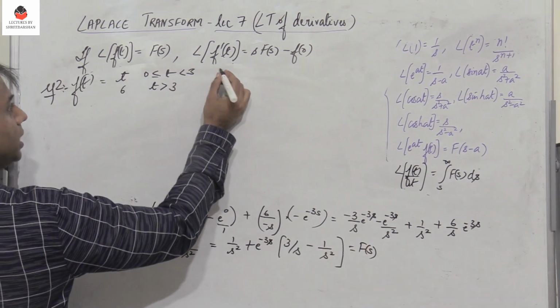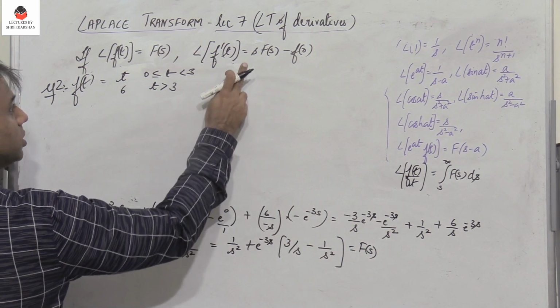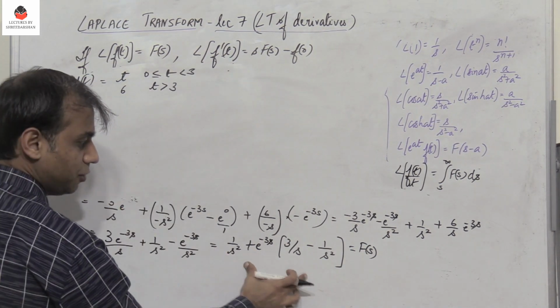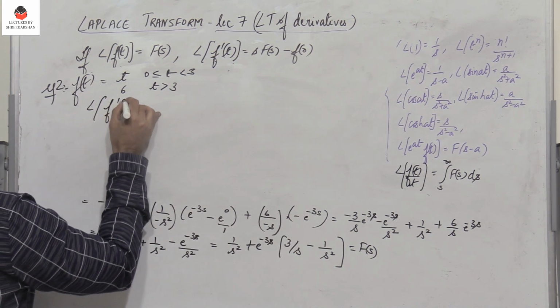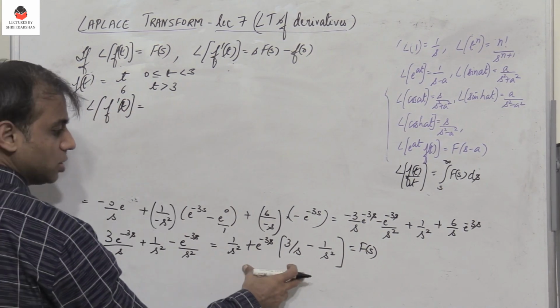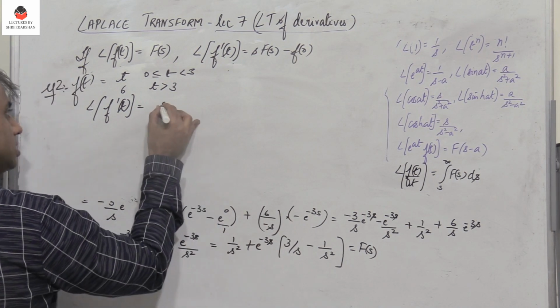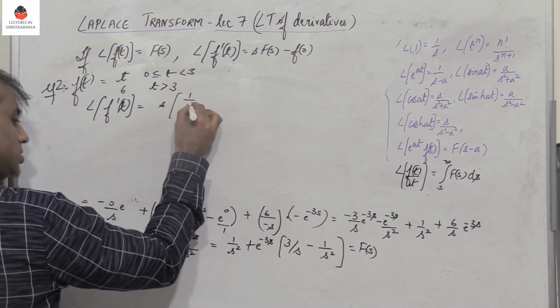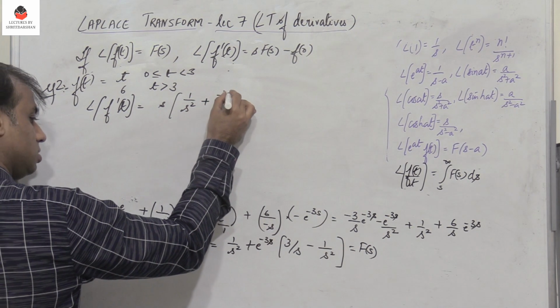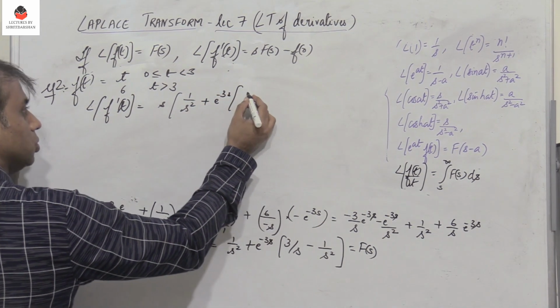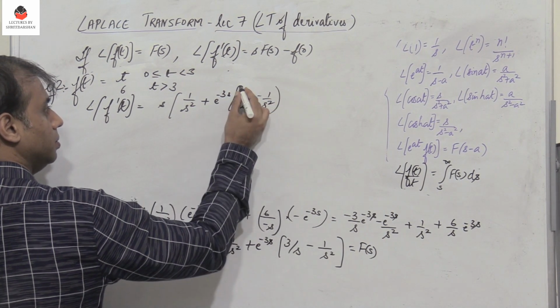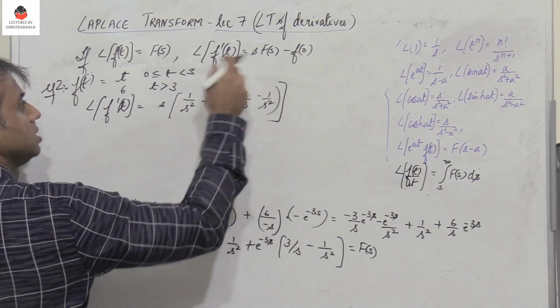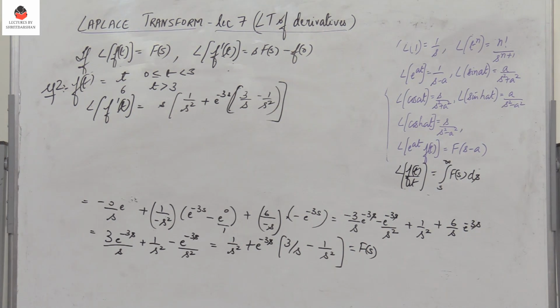Now I need to find the Laplace transform of f dash of t, which is s F of s minus f of 0. Multiply this whole term by s. So you get s into 1 by s square plus e power minus 3s into 3 by s minus 1 by s square, minus f of 0.